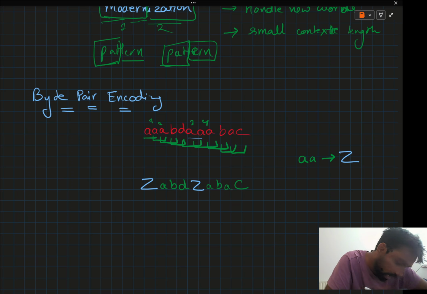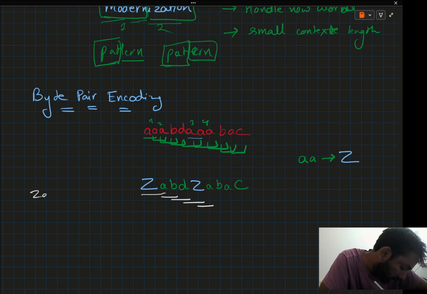Okay, now we'll try to find combinations again. So considering combinations, ZA, AB, BD, DZ, ZA, AB, BA, AC. ZA is repeating two times, AB is also repeating two times.